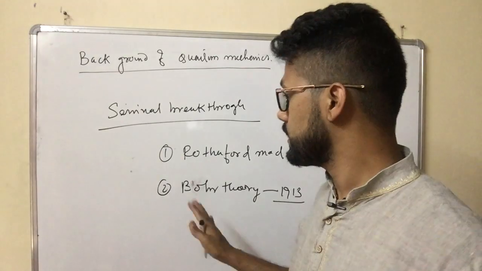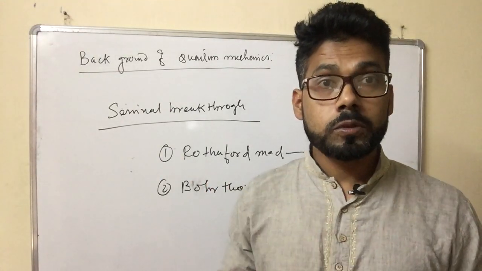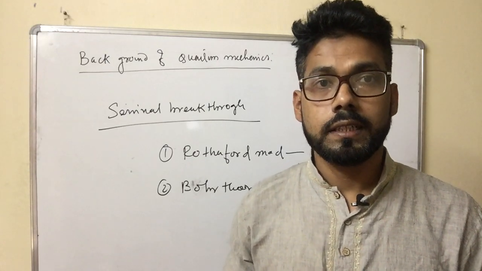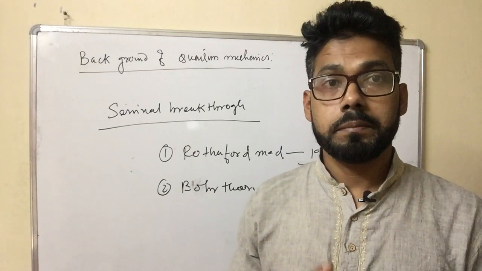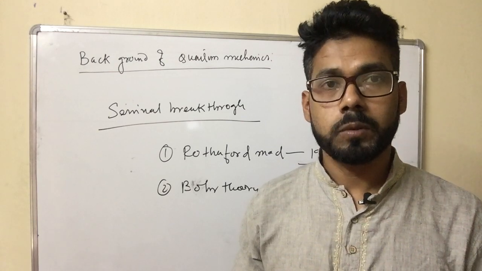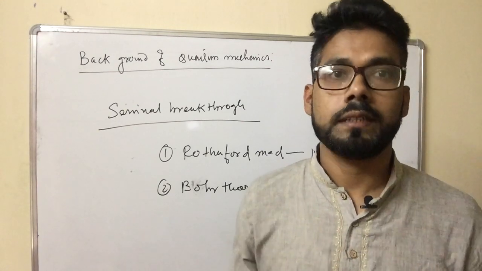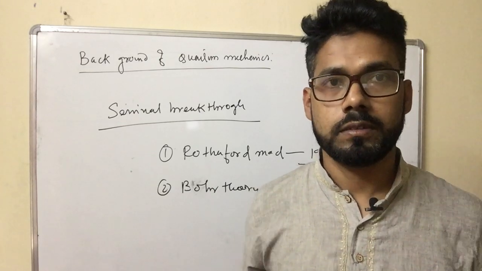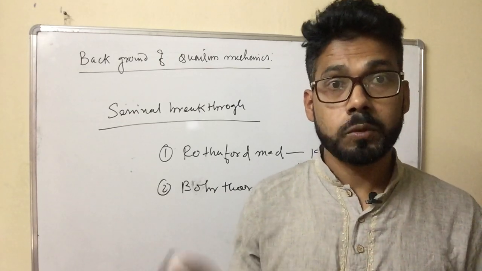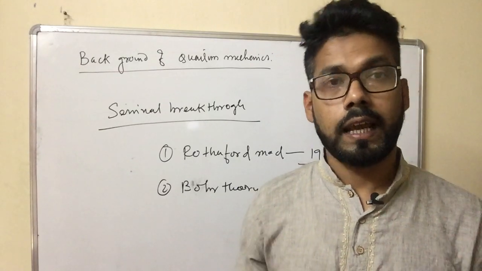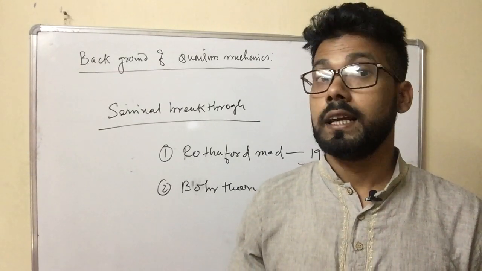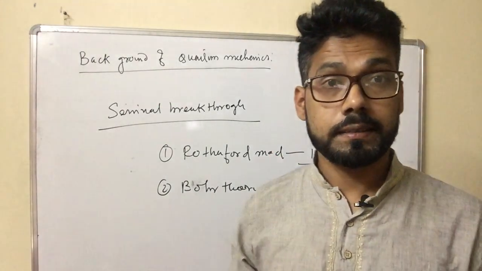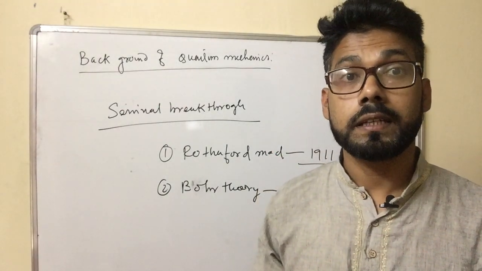But the limitation of Bohr's theory is that most of its assumptions do not have any mathematical background. That means Bohr hypothetically made many assumptions that did not have a theoretical background, and that is why during that time Bohr's theory was highly criticized. It was only partially successful in explaining various phenomena.